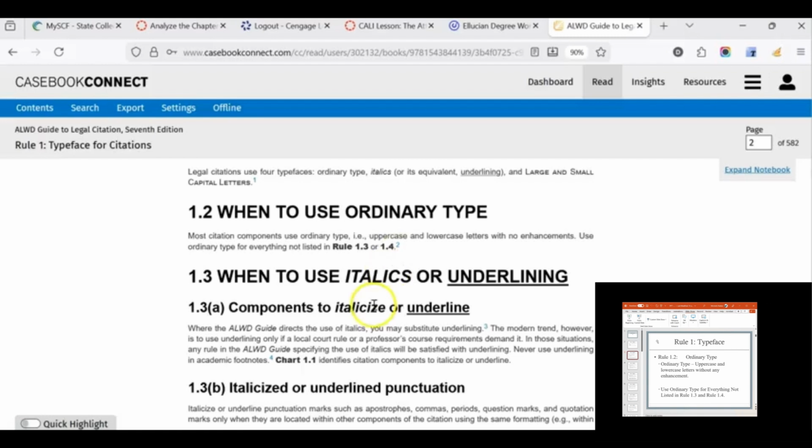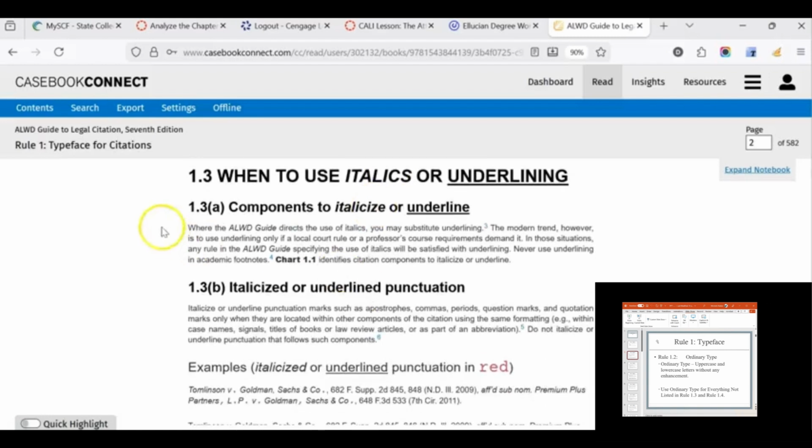All right, Rule 1.3. When to use italics. All right, so you're going to be looking at the formula to determine if something has to be italicized or underlined. Now, italics and underlining can be used interchangeably.